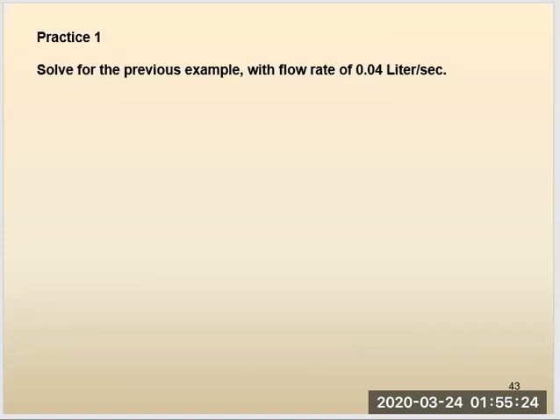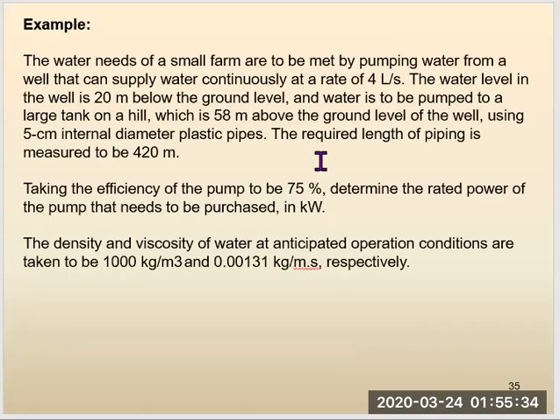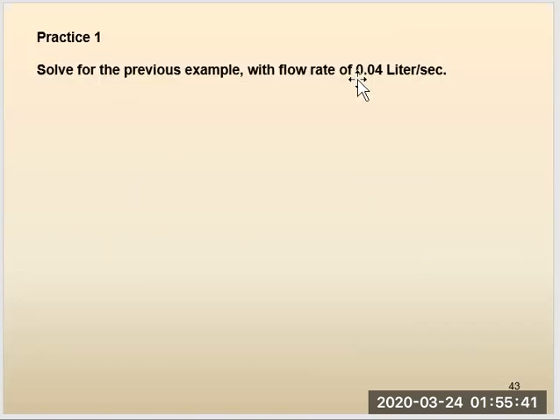You need to follow a similar procedure. What value do you get for the pumping power with the same efficiency and all the same variables, so the same problem statement? The only difference here is that instead of 4 liters per second, your volumetric flow rate is 0.04 liter per second.